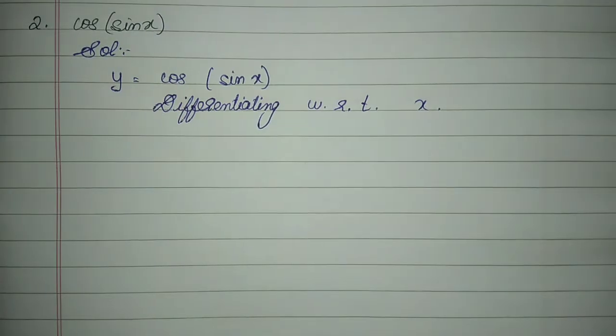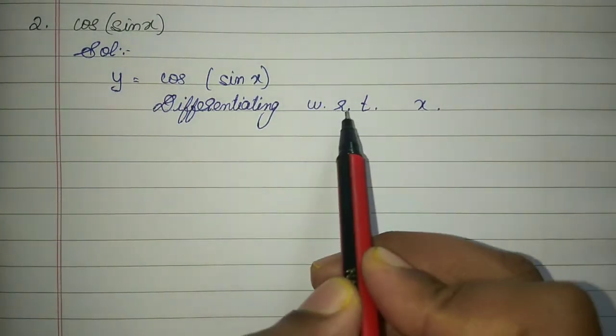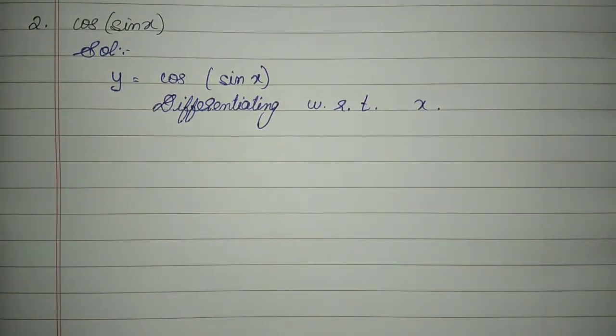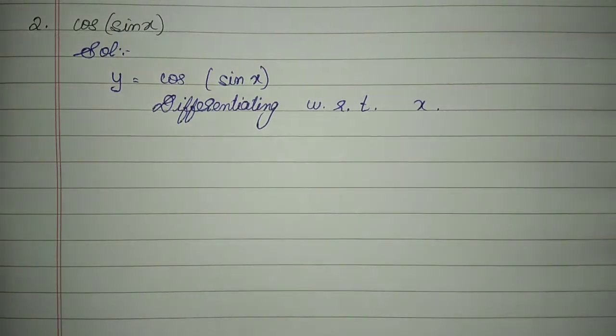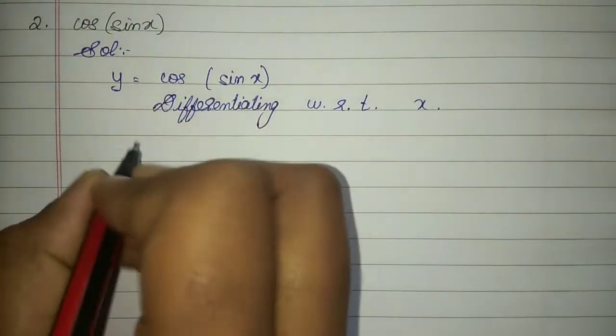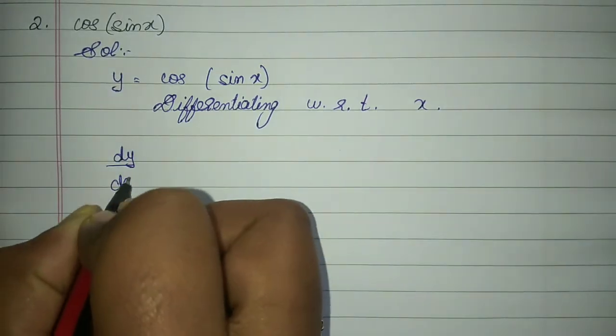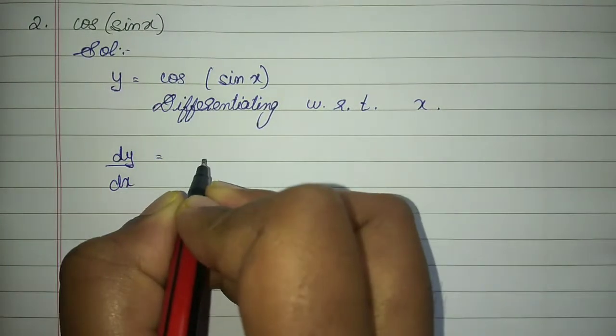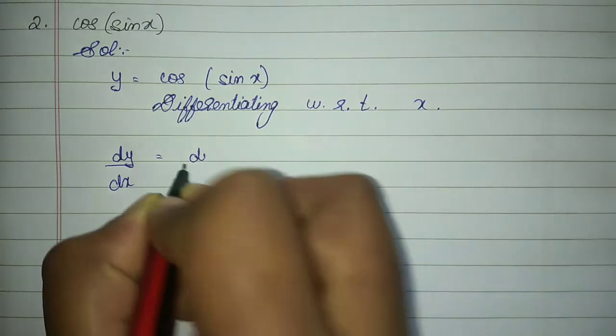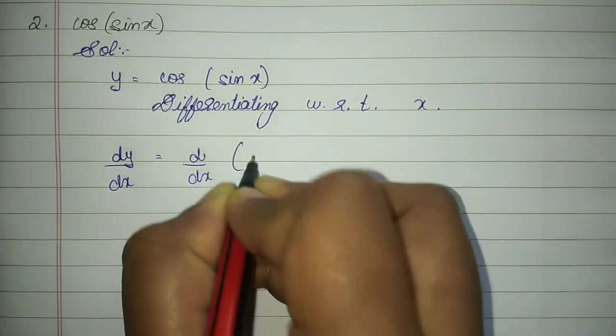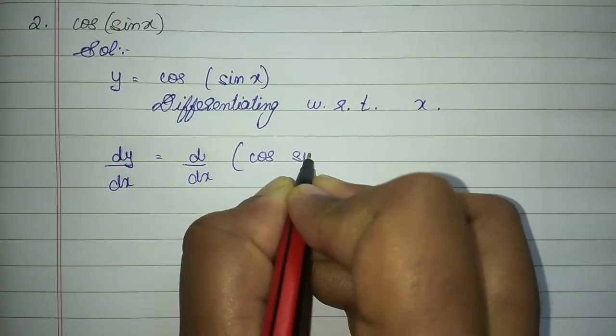We have to mention this. If not, the marks might be reduced. So differentiating with respect to x is a must. In the next step only we will be writing dy by dx. So dy by dx is equal to d by dx of cos of sin x.